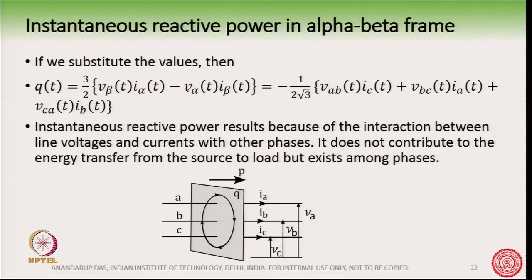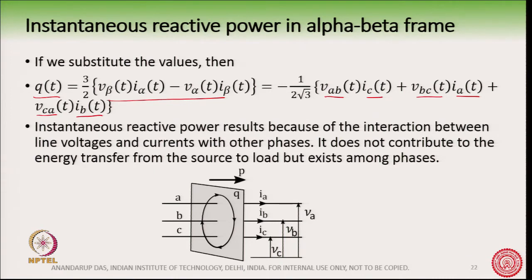If you write Qt, it will be V beta I alpha minus V alpha I beta, and then you substitute back alpha beta to ABC, and you get something like this. This is very interesting.